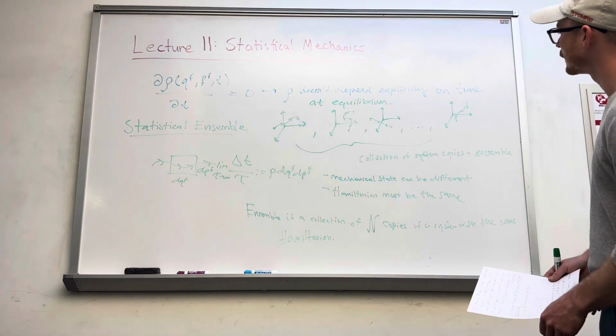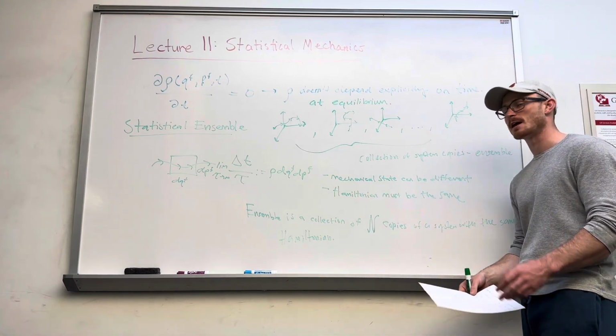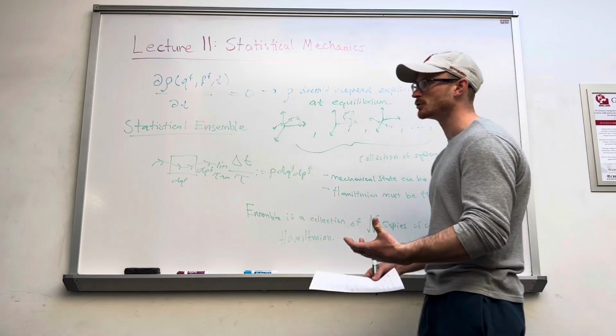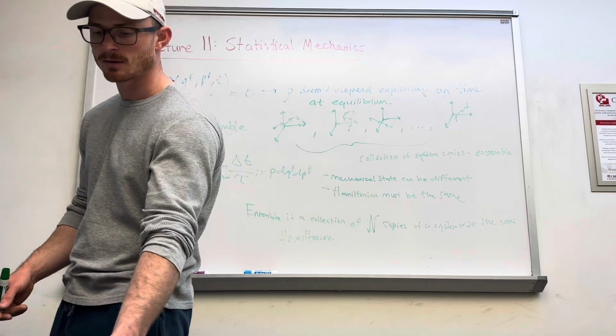So the only sense that these guys are identical is the fact that their Hamiltonian is the same. They obey the exact same time evolution, but they may be in completely different states, right?